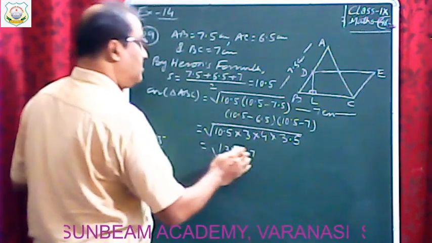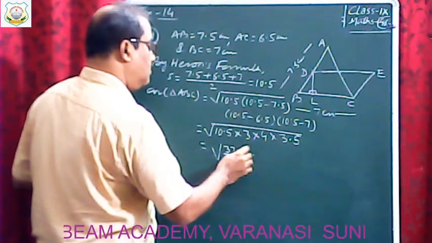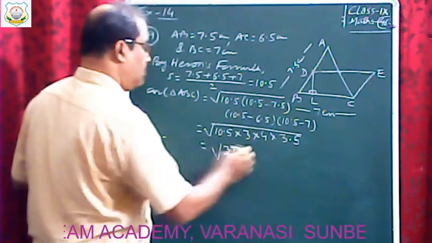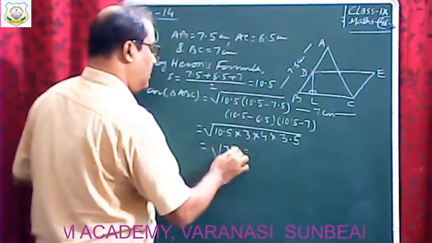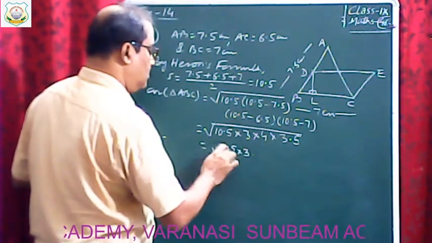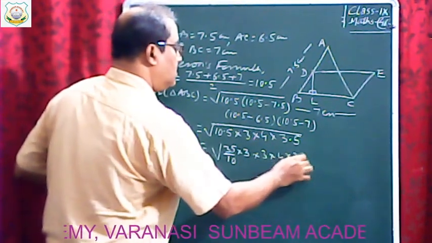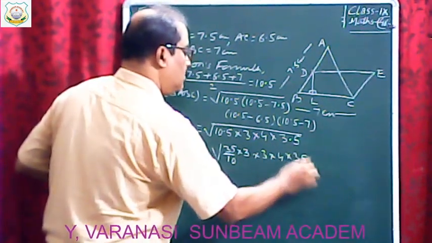Or 35 into 7 also you can write. 35 into 3, sorry, 35 into 3 you can also write. You get a pair of 35 also, that's why, into 3 into 4 into 35 upon 10.